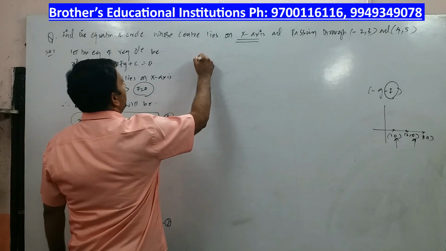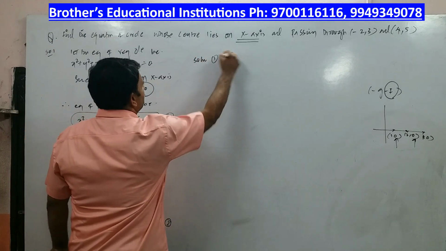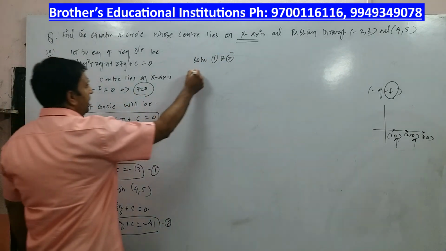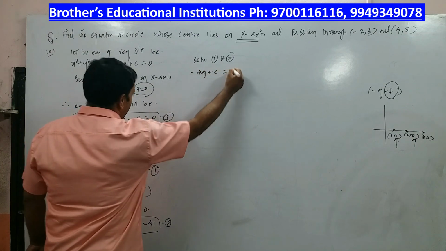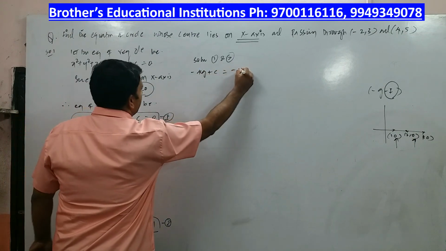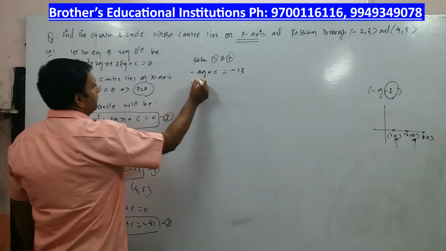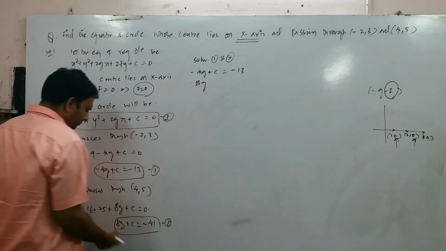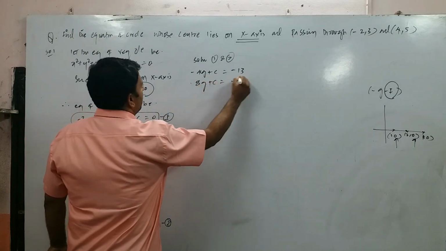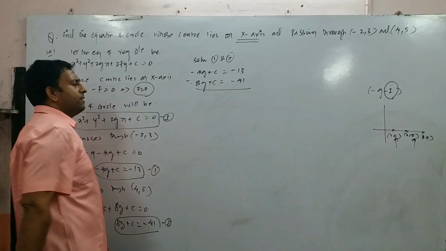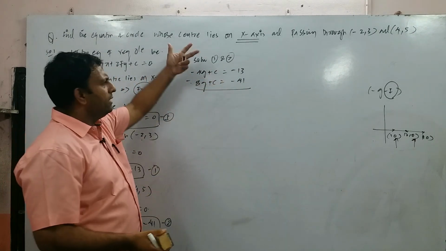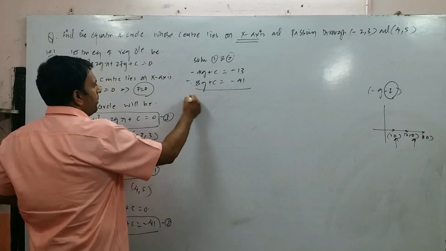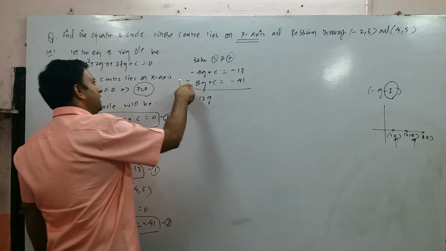Now simply solve 1 and 2. Minus 4g plus c is equal to minus 13, followed by 8g plus c is equal to minus 41. Now I subtract, because I want to cancel c. Minus 4g minus 8g will be minus 12g.